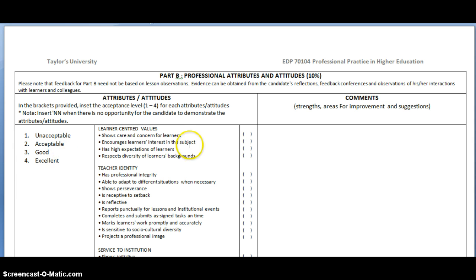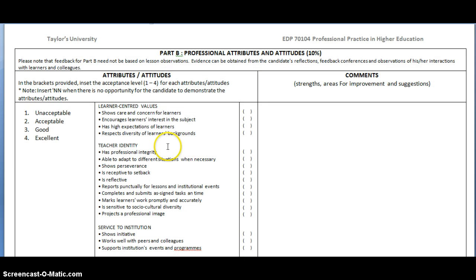excellent. Alright, so learner-centered values: shows care and concern for learners, encourages learners' interest in the subject, has high expectations of learners, respects diversity of learners' backgrounds.